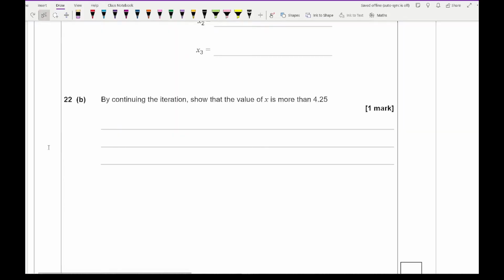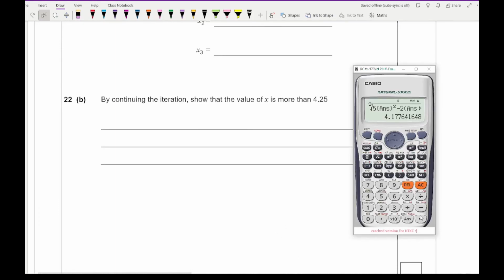Then it says, by continuing the iteration, show that the value of x is more than 4.25. So getting the calculator back for one more, I think this is a bit of a duff question, because typically I would always teach students just to find the solution, just keep pressing equals until your calculator stops giving you a fresh answer.